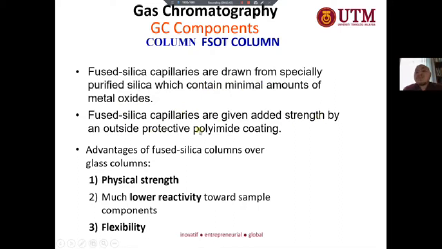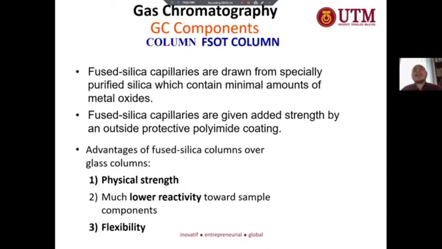So it increases the physical strength, reduces the reactivity, and gives flexibility to the column. Your column is less fragile and also less reactive. These are the advantages of the fused silica column.